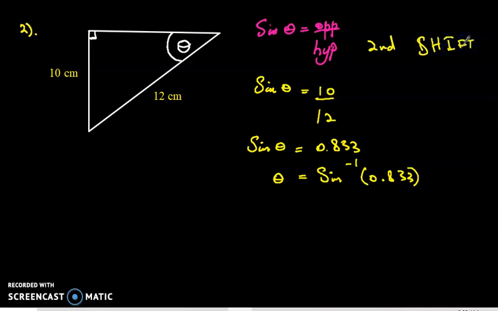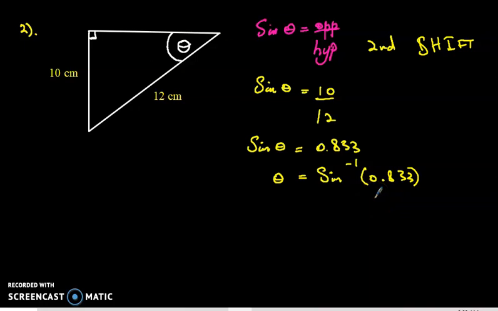Now remember the second function button or the shift button. This will bring the calculator to a second level of operation. So once you press that shift button, then sine inverse comes up. Press the sine inverse and then you input 0.833.